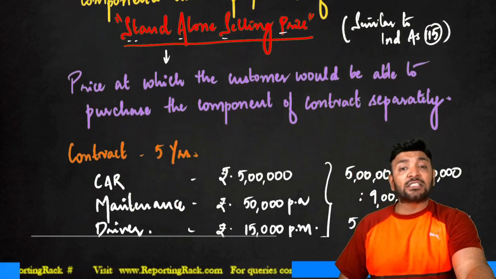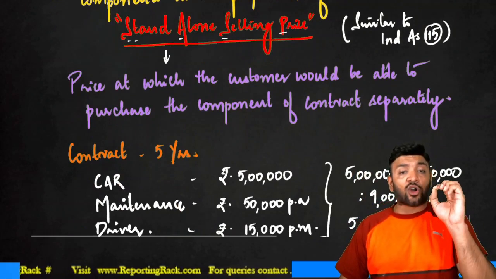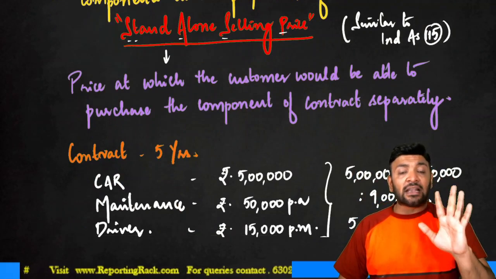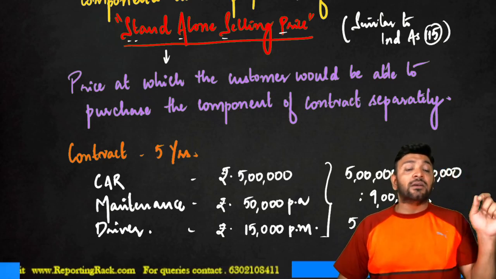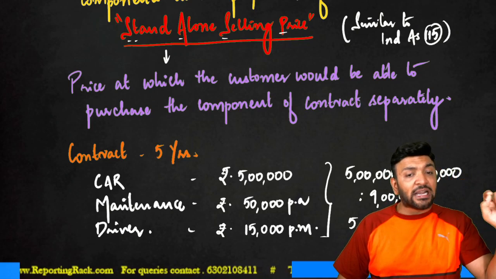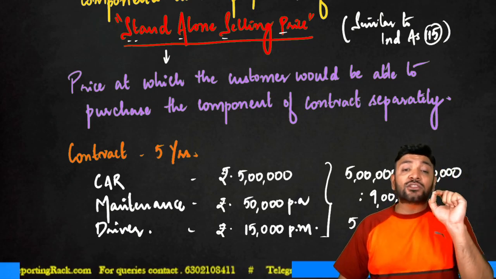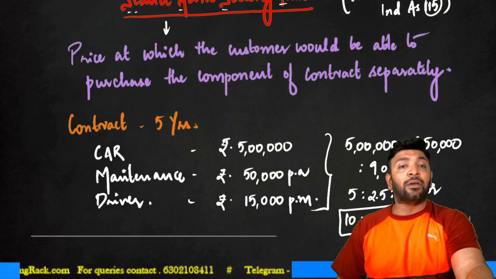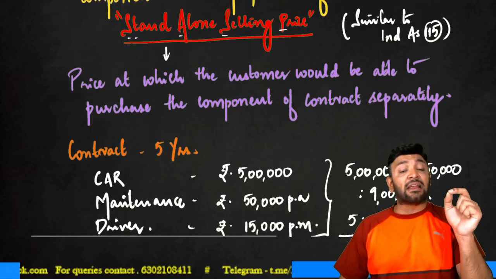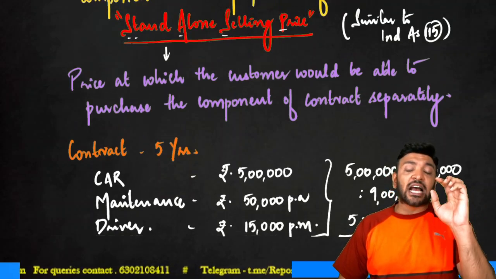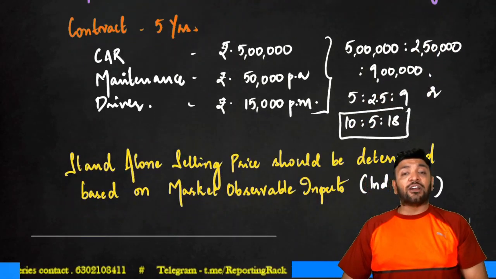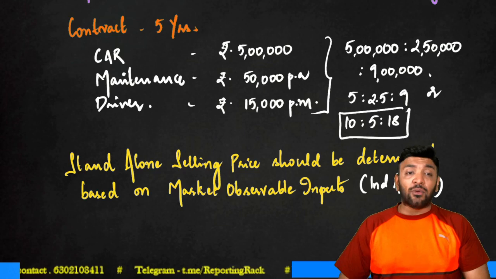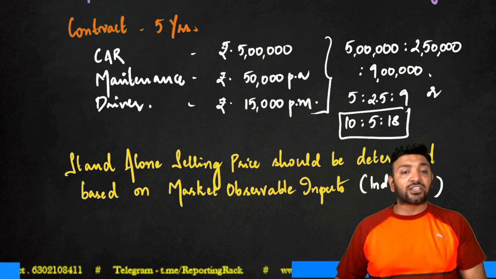The price at which the customer will be able to purchase the component of a contract separately. If I would have taken the car separately, I would have bought it at 5 lakhs. If I would have taken the maintenance contract separately, it is 50,000 rupees per annum. If I would have obtained the driver services separately, he would have charged me 15,000 rupees per month. So that proportion 10:5:18 is the basis on which you will recognize the transaction.